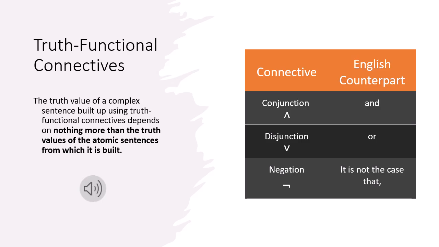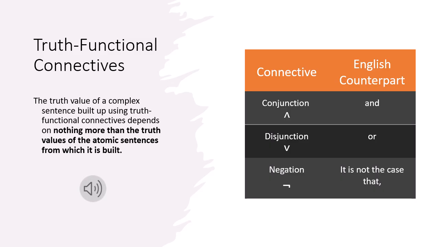The book goes into a little more detail, and I've included that quote here. It says that the truth value of a complex sentence built up using truth functional connectives like conjunction, disjunction, and negation depends on nothing more than the truth values of the atomic sentences from which it is built up.